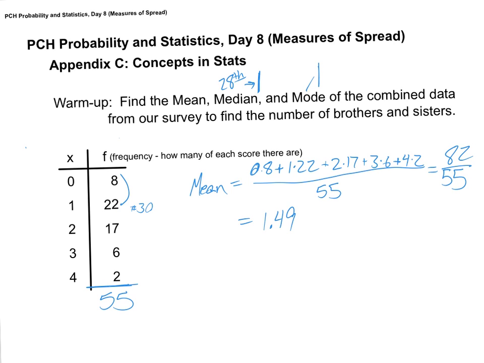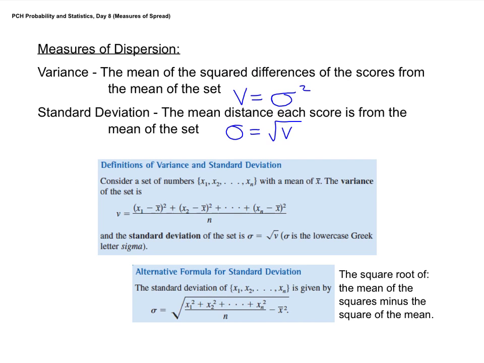Those are our first statistics that we can find. Again, using the frequency table is important, okay? Being able to use that properly is important. Well, what I want to look at in the time we've got today is another statistic that we can calculate, and that is a measure of spread. How spread out is our data?